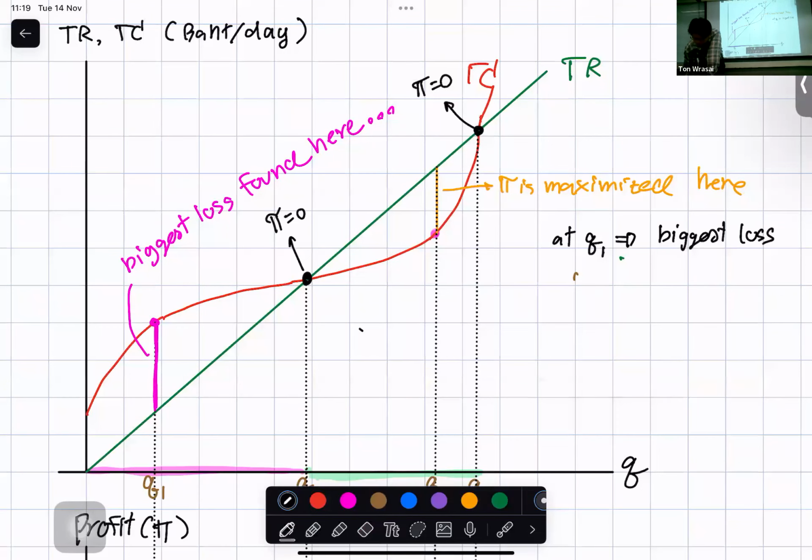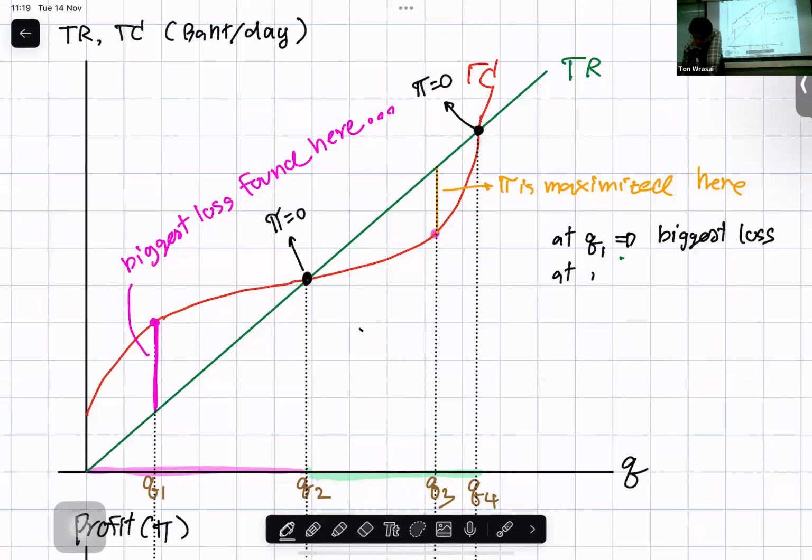At Q2 and Q4, what we found, pi equal to 0. At Q3, profit is max.